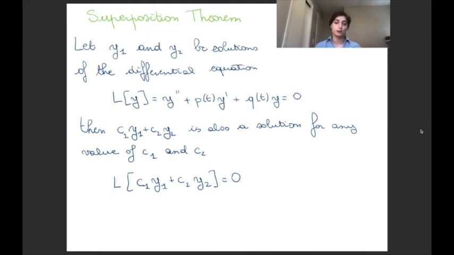When we apply the differential operator to this block of things, we retrieve 0 for any value of c1 and c2. It's called superposition because we have two pieces of information and we can superpose them and still have the same result.